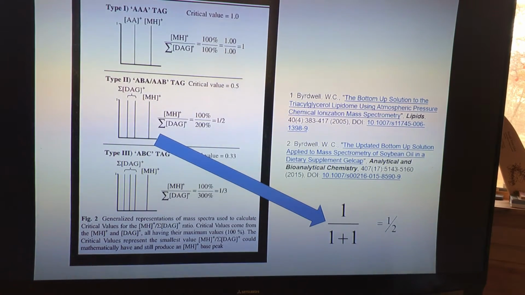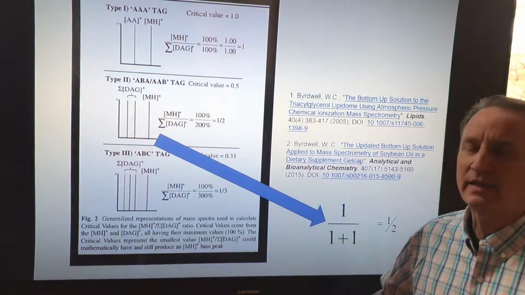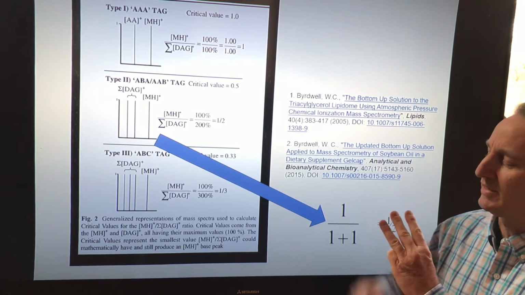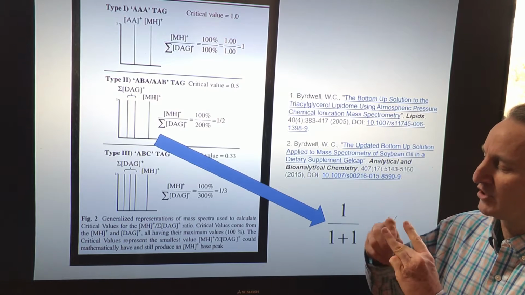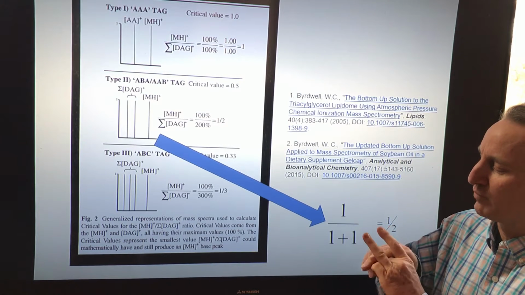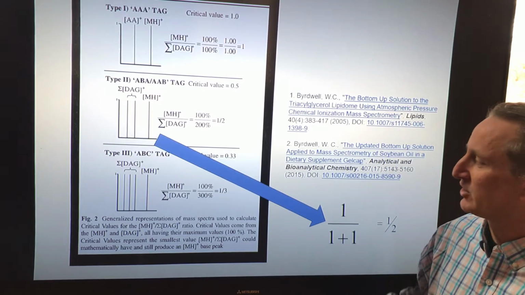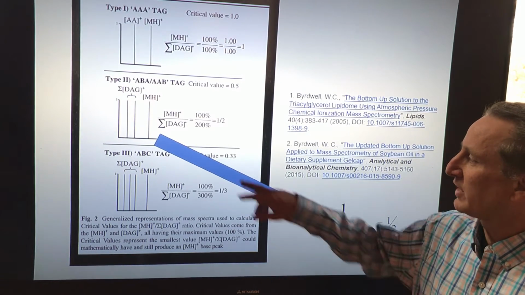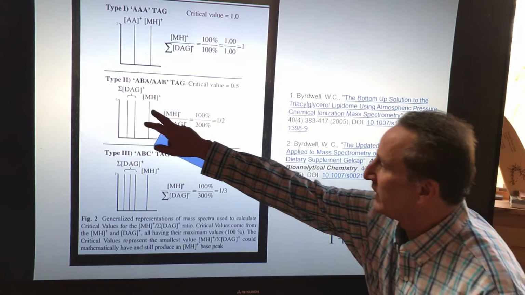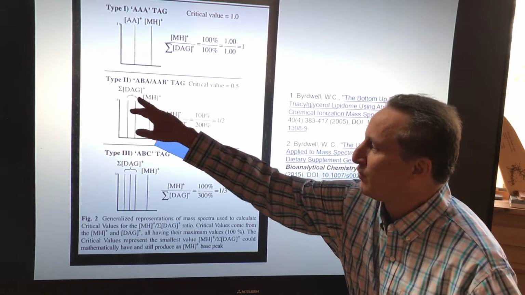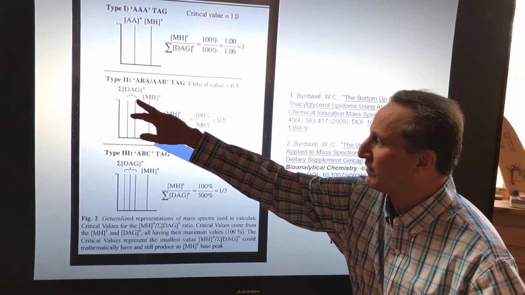And we saw that in the triglycerols of the ABA type, if the position of B was in the 2 position, then that ratio was smaller. That was energetically disfavored. But we looked at the critical ratio, what the theoretical value with each of these at their maximum values of 1 was.